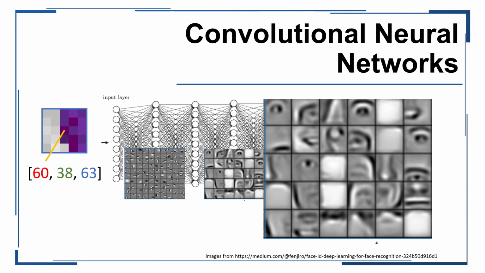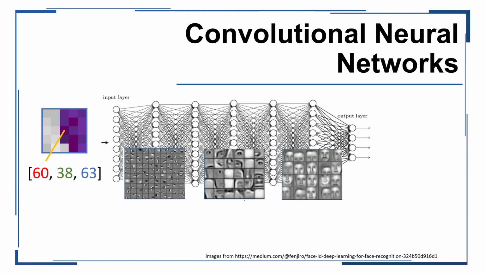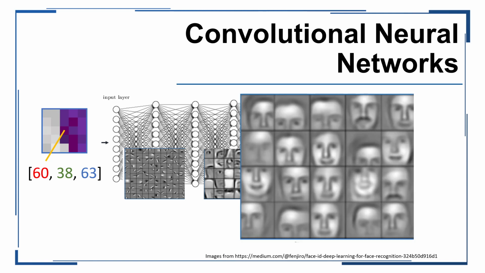So here we can see that maybe the model is learning how to recognize faces. And as we go deeper into the network, it's able to learn more complex features from the pixel information. It's just combining more and more of those feature sets and learning how to combine them to best optimize or predict some dependent variable.